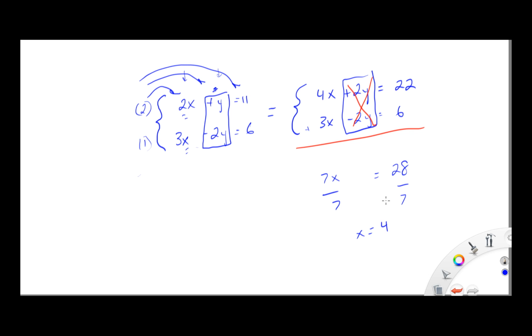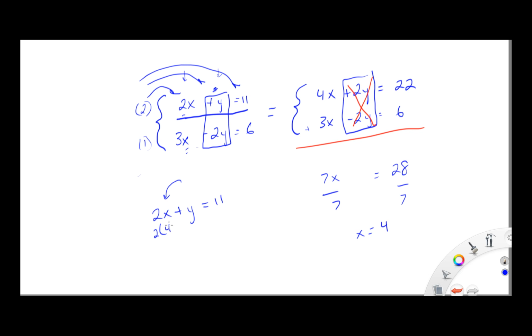Okay? So, if I now know what x is, I can go back to an original equation. We'll choose the first one, okay? If x is equal to 4, that means 2x plus y equals 11. I'm going to substitute the number 4 for x.